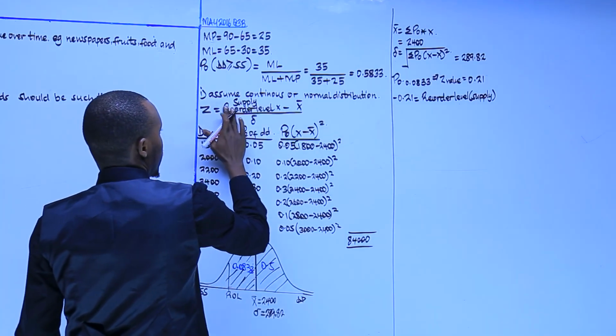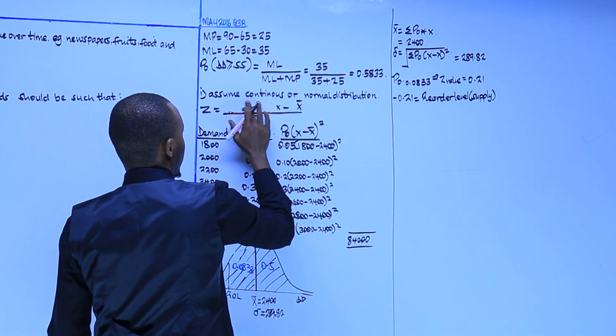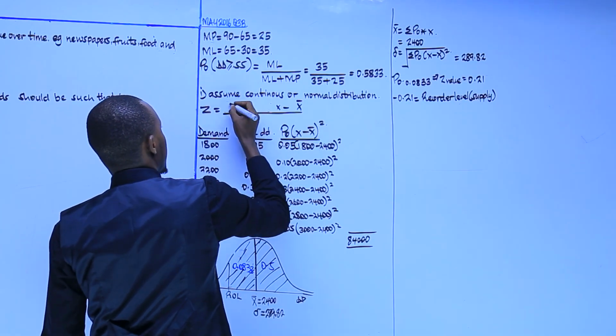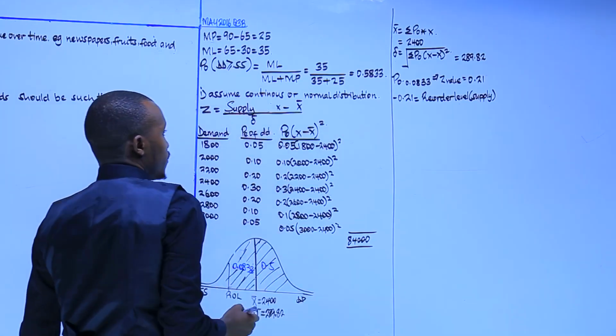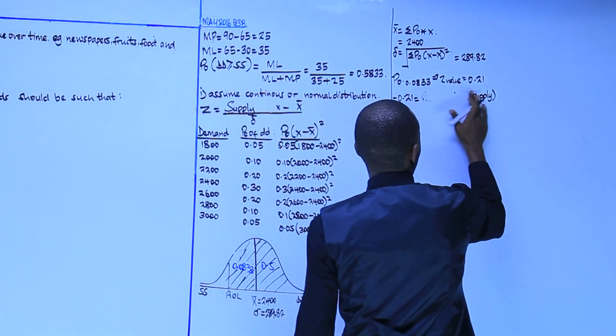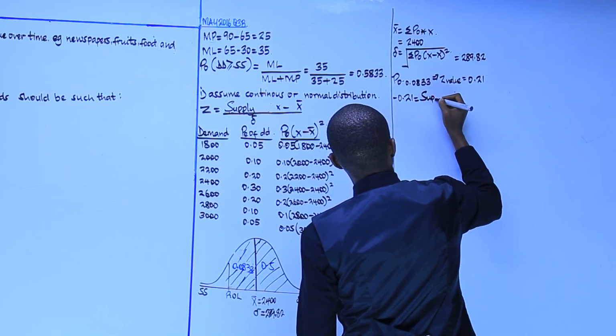You want to determine the quantity to supply. So let's call it supply instead of reorder level, so that we're very clear. Supply.